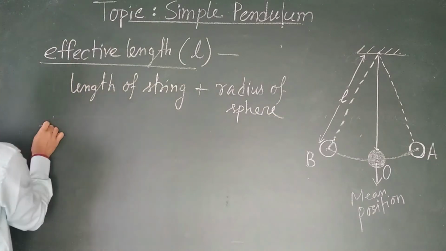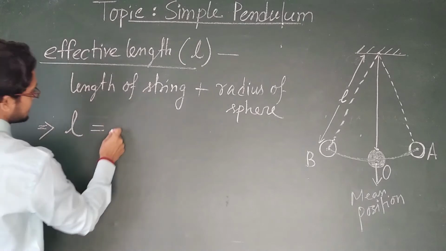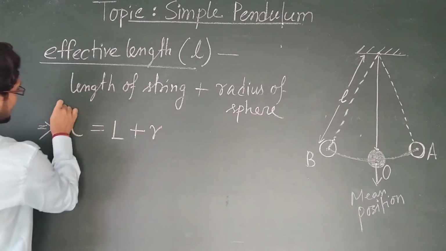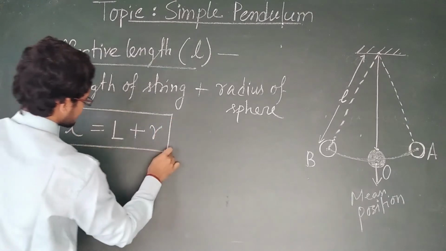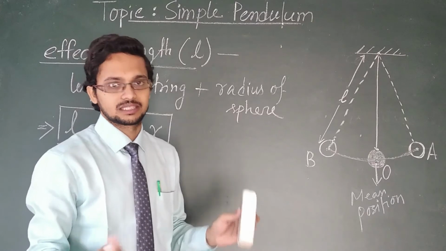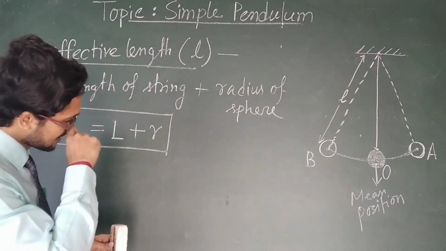So we can write it as a equal to length of string, suppose capital L, plus radius of the sphere R. So this is the effective length. At the beginning of the experiment, we have to find the effective length also.